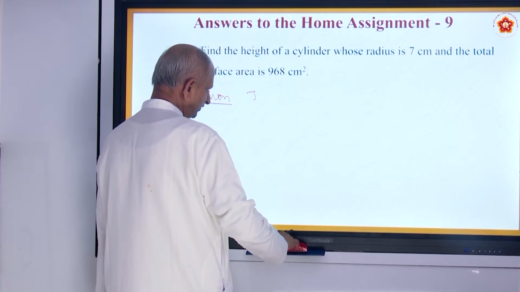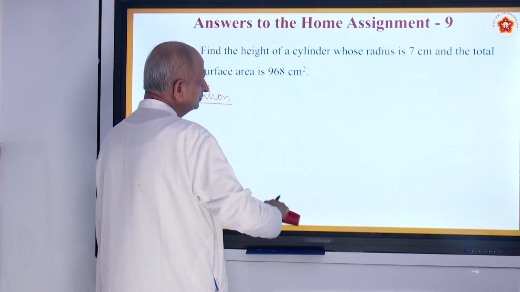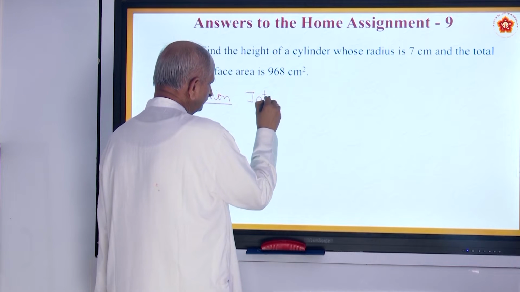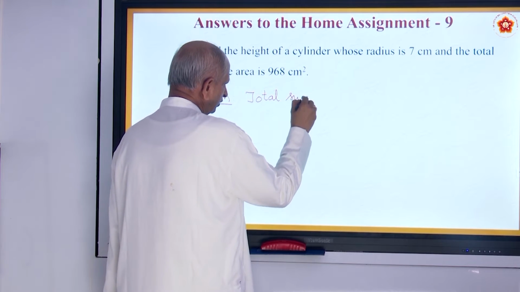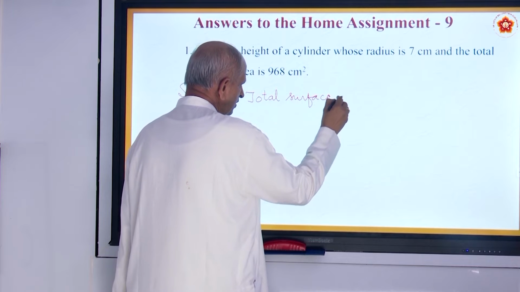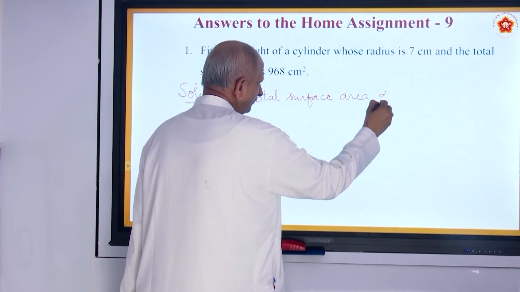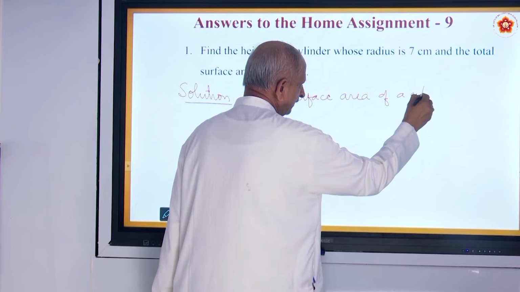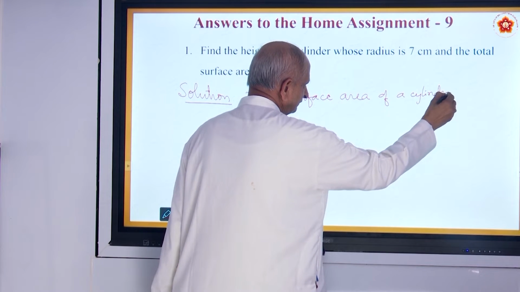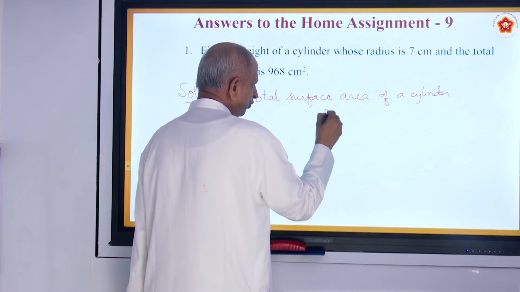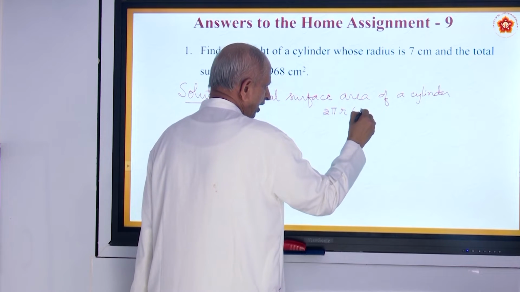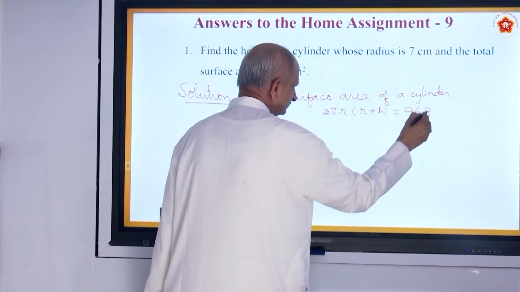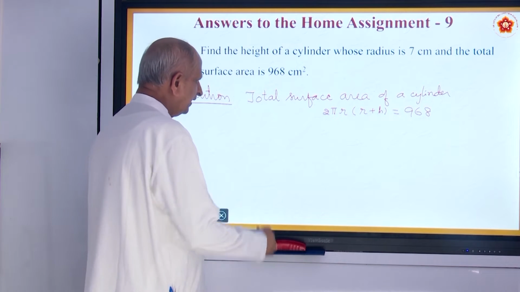So total surface area of a cylinder, what is the formula? 2 pi r into r plus h is given to be 968, and radius is given.